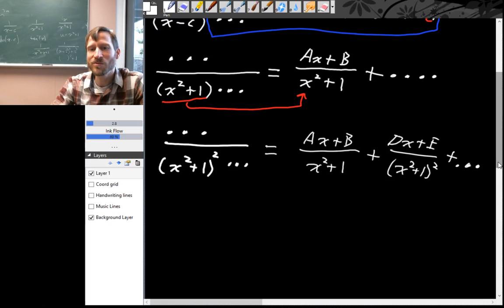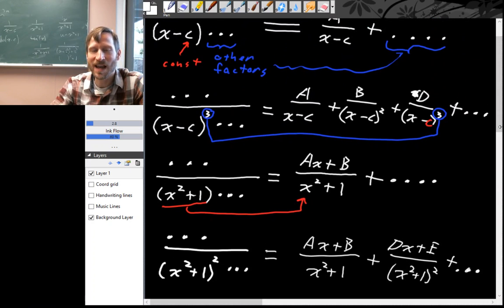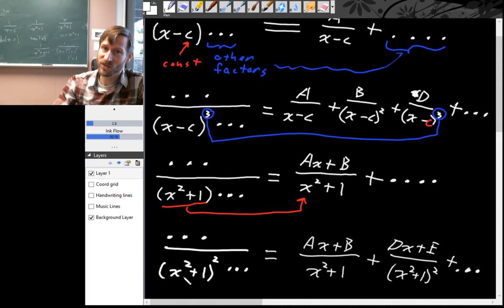So these are really the only 4 cases for what can happen. You might ask, what happens if there are factors in your denominator that aren't linear or quadratic? For example, what if you have a cubic in your denominator? Well, it turns out polynomials of degree larger than 2 always factor.